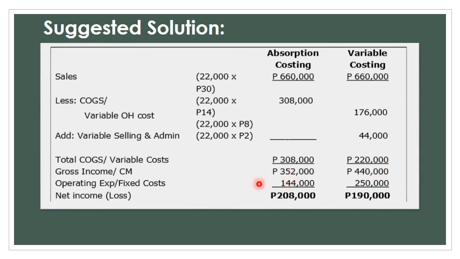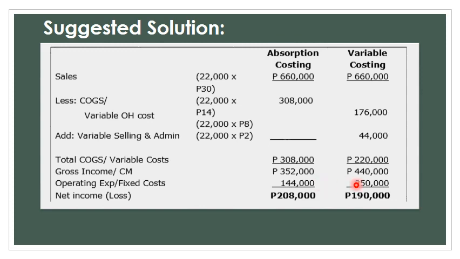And kung titignan natin, sa pag-minus or pag-subtract ng period cost, magkaiba under absorption and variable costing. Ito ay dahil sa treatment nila sa fixed manufacturing overhead. So, under absorption costing, we have 144,000. Yan yung variable selling and admin at saka fixed selling and admin or the operating expenses.